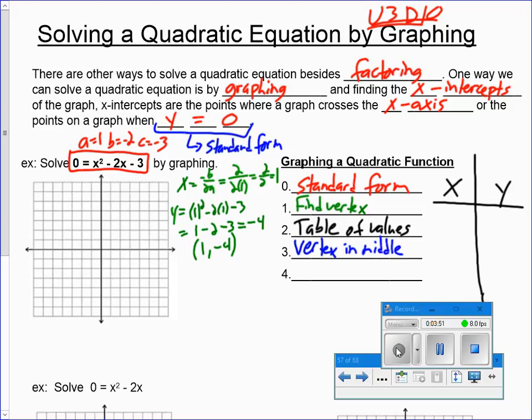So here my vertex is 1, negative 4, so I'm going to put x is 1, y is negative 4 right in the middle of the table. Now to fill out the rest of the table, I'm going to need at least 2 points on each side.